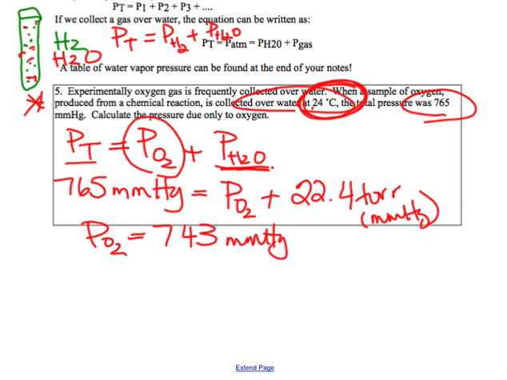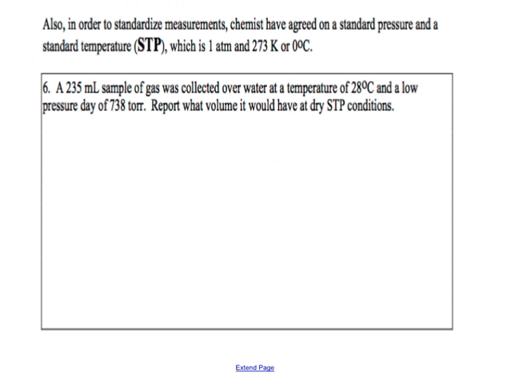So let's put this in an actual problem. This is the granddaddy of all these kinds of problems. If you can handle this one, you're good with combined gas law. You know totally how to do it. So let's just write down all this information.